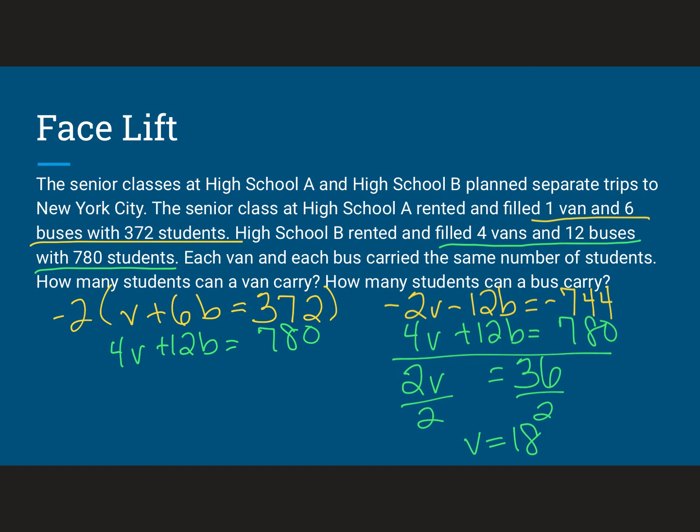Now, once again, I'm going to go back to my original equations. So I've got van 18 plus 6B equals 372. I'm going to subtract 18 from both sides. I get 6B equals 372 minus 18.